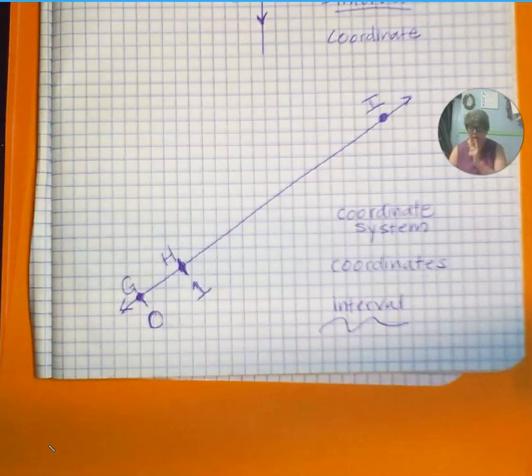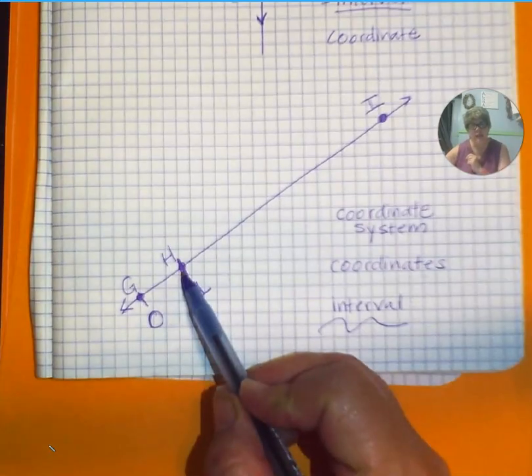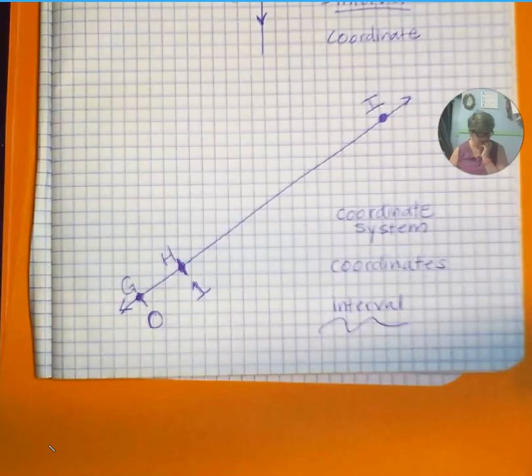Aha! Could we measure between these two and then go ahead and make some tick marks there? All right, I'm going to show you what you can do. You can use any piece of paper. It could be a Post-it note. It could be a card, anything, even a lined piece of paper. Any kind of paper will work.